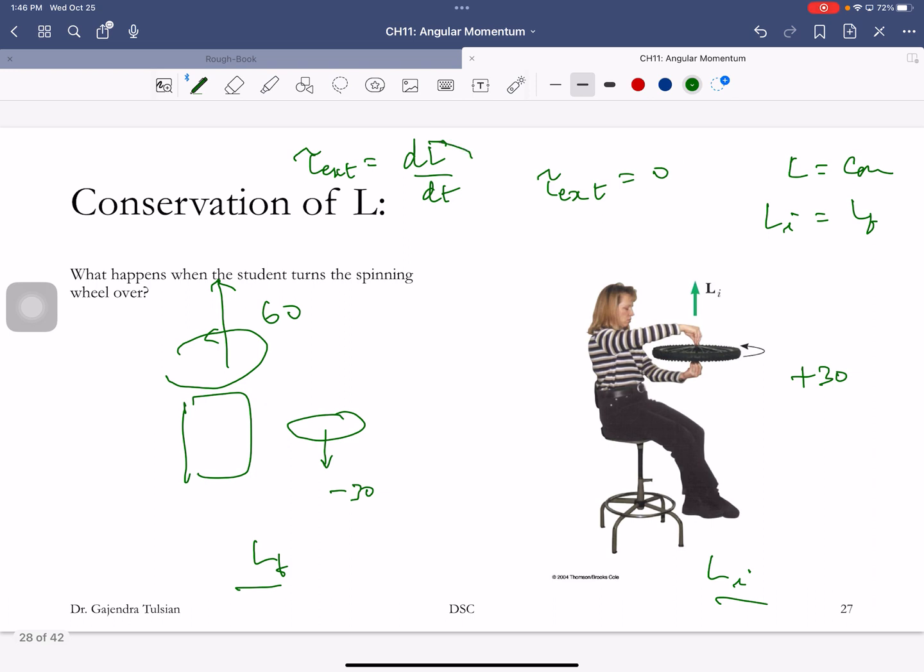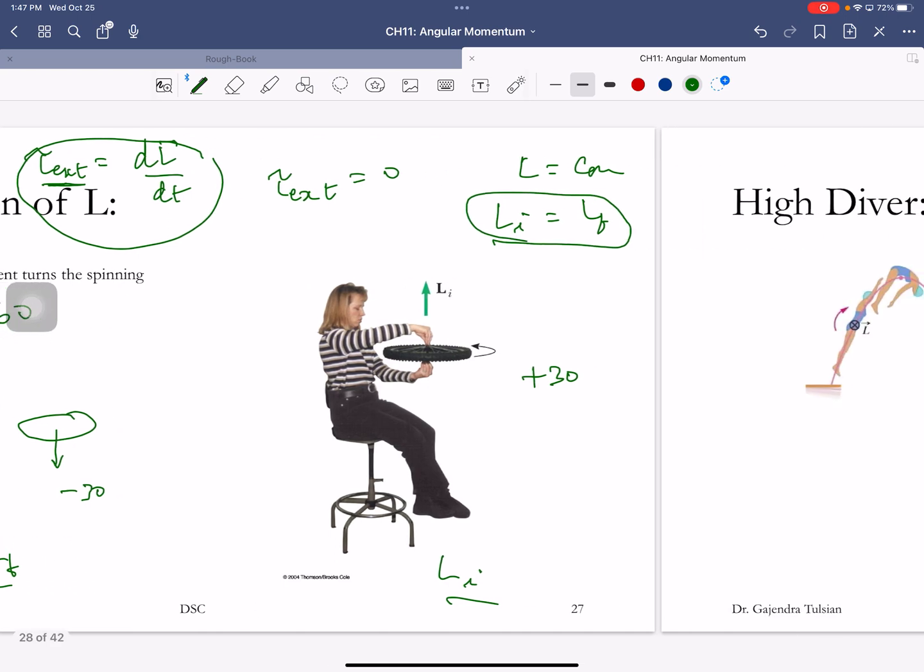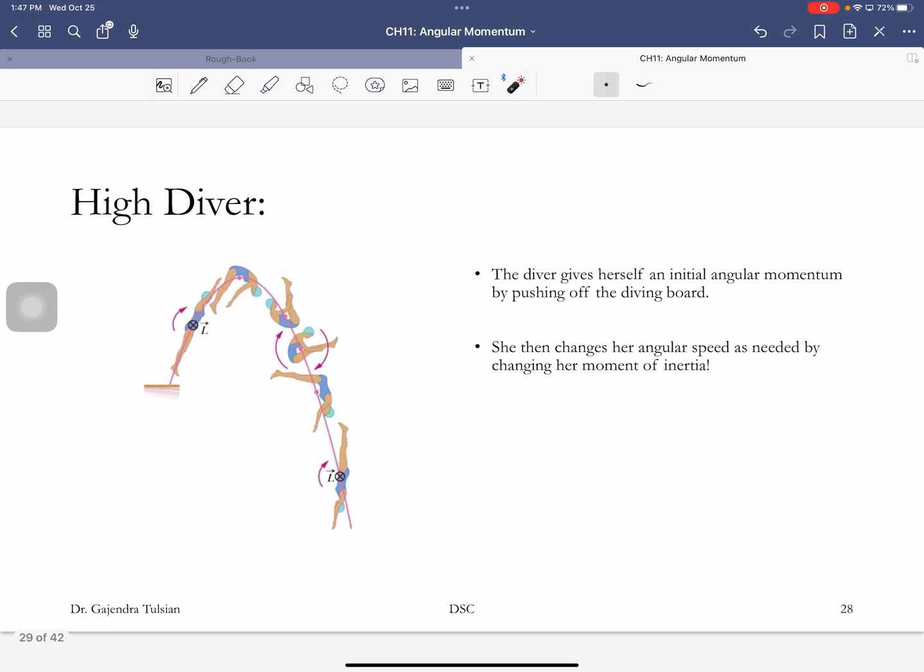So you guys thought that you just learned this thing, but you know this law intuitively. Here's the deal. Again, conservation of angular momentum. You guys have seen high divers, and what this person does is they push off initially.